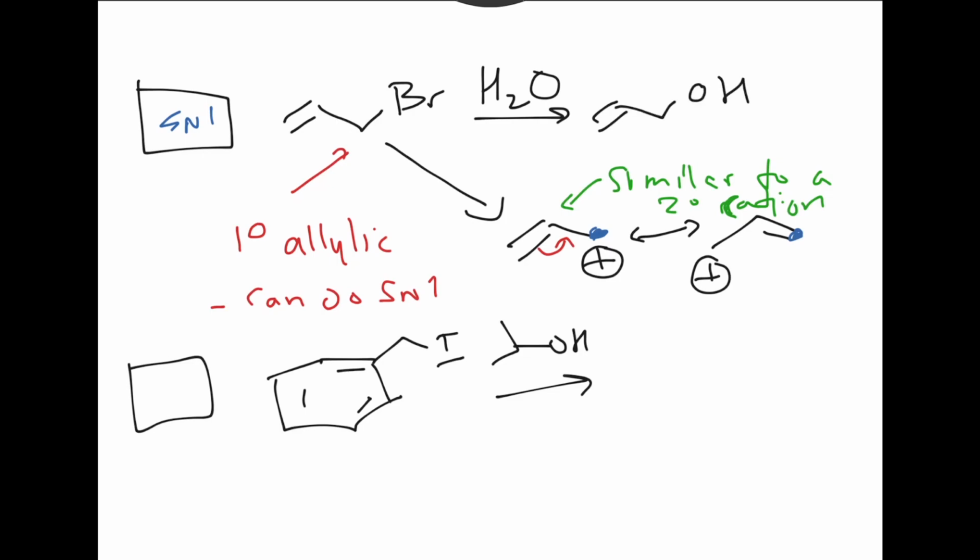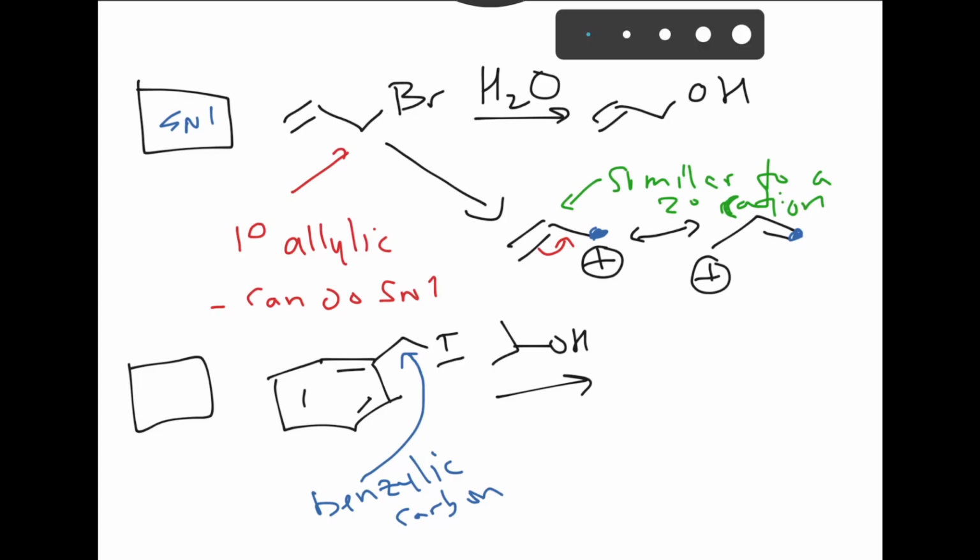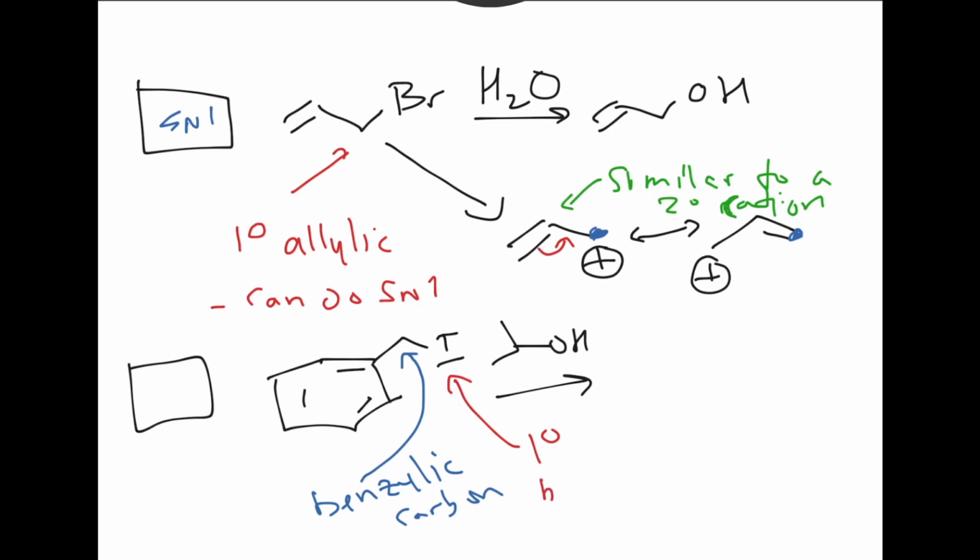Say when you have a halide that is benzylic, that is on the benzylic carbon, so this carbon right here, that carbon is the benzylic carbon. Okay, this halide is primary but benzylic.